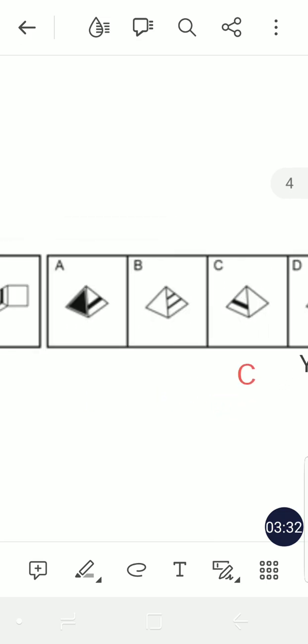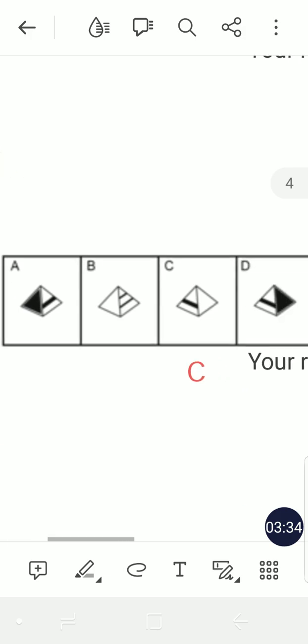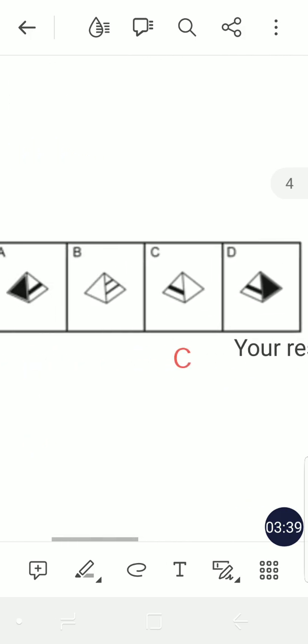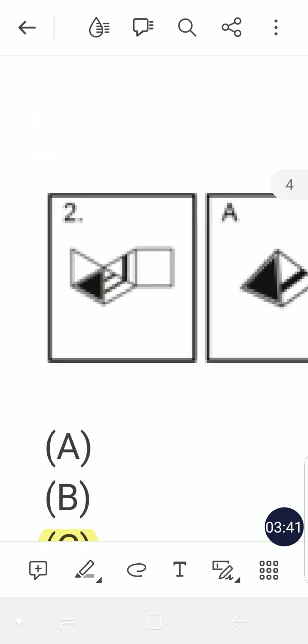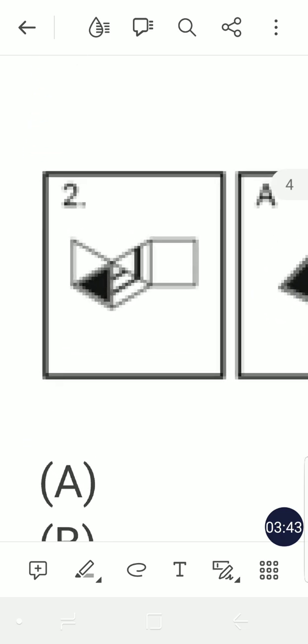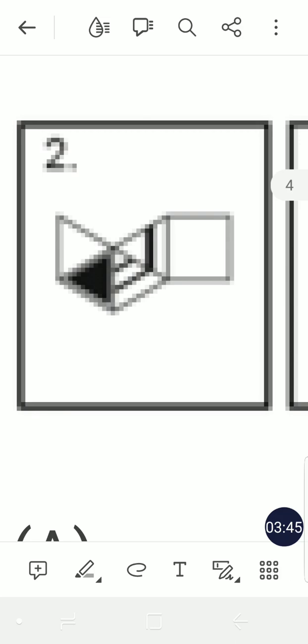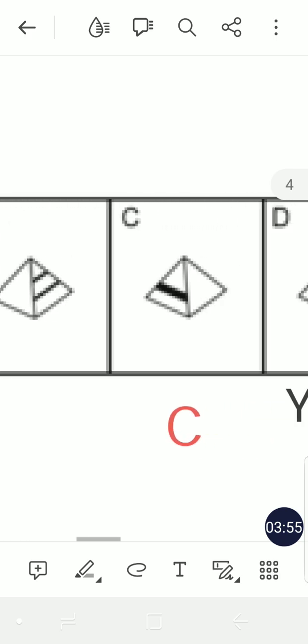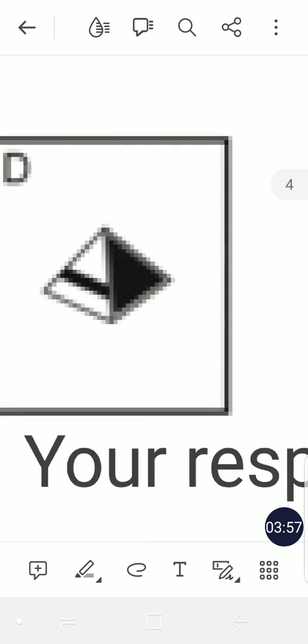And letter D is eliminated as well because you see here the shaded black triangle and the solid line are opposite each other, whereas in D they're right beside each other.